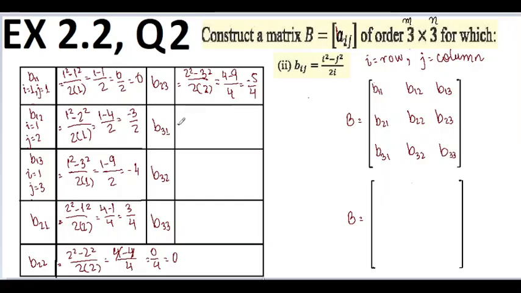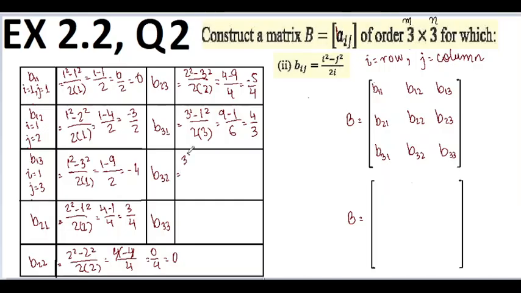Now for B31 we get (3 square minus 1 square) whole divided by 2 into 3, because i here is 3. Now 3 square is 9 minus 1 square is 1 whole divided by 2 into 3 gives us 6. 9 minus 1 is 8 and 8 by 6 gives us 4 by 3.